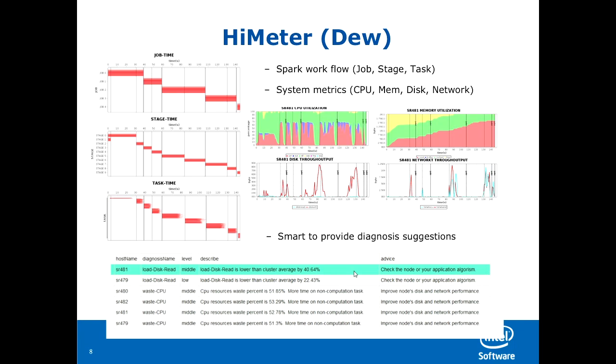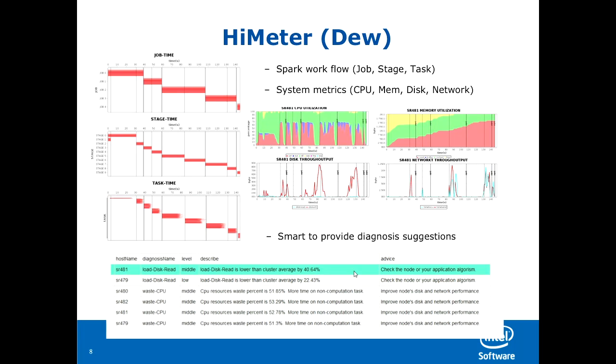On the left side, you can see we auto-detect all the stages in the Spark execution path. We can detect all the jobs, all the stages, and all the tasks. On the right side, in the upper part, you can see that we are collecting all this system performance data, including CPU, memory, disk, and network.